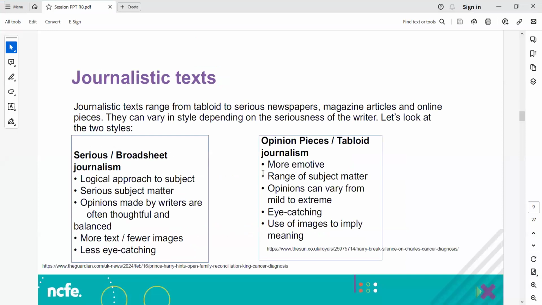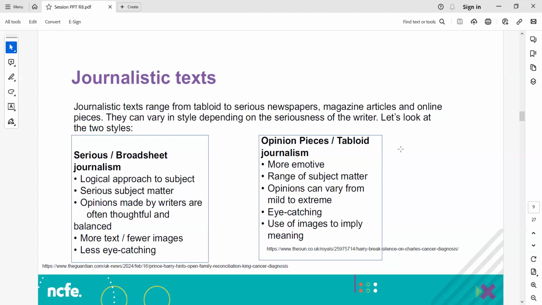Okay. So journalistic texts. So these range from tabloid to serious newspapers. So magazine articles. It could be a report in a newspaper about a breaking story. And they can be in print or online.